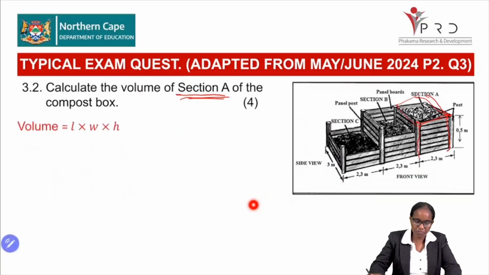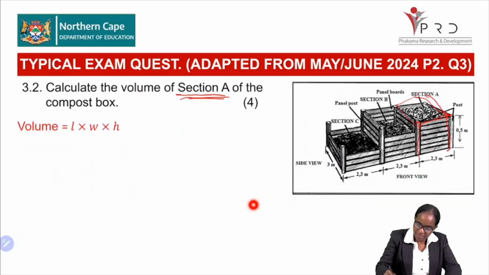So the volume, we first write our formula. Always make it a point to write down the formula first. Once you do that, it will be easy for you to identify which dimensions are required, and it will be easy for you to substitute. So what is the length of this rectangular box, the rectangular prism?